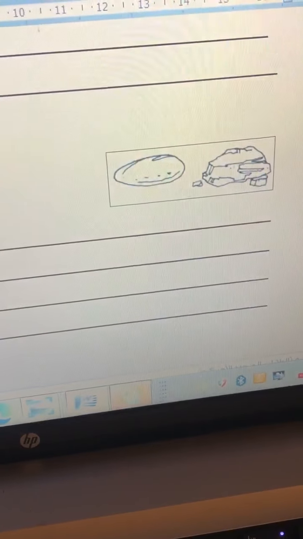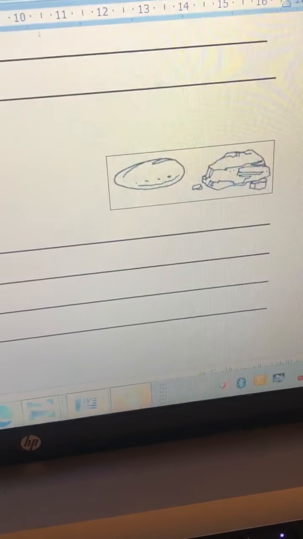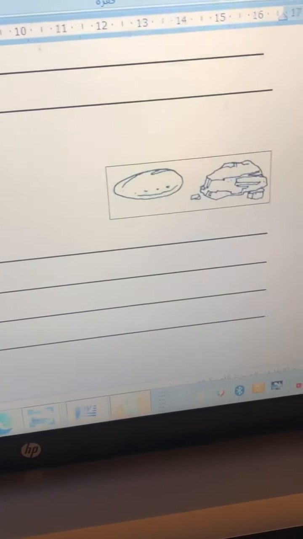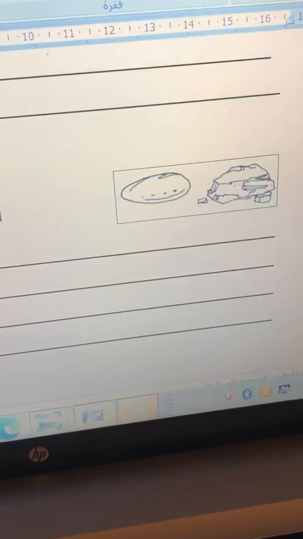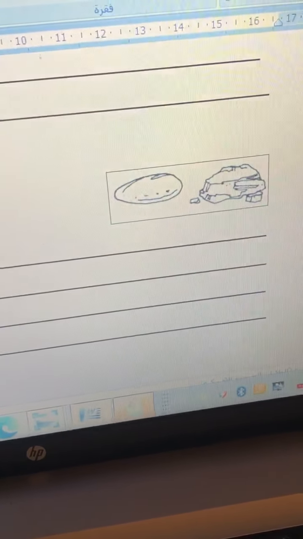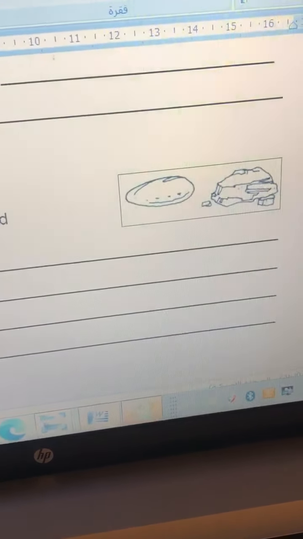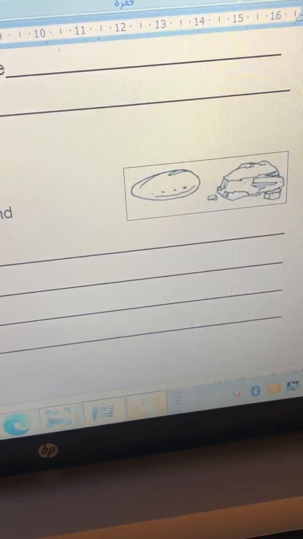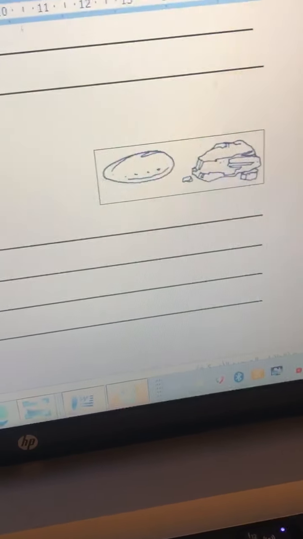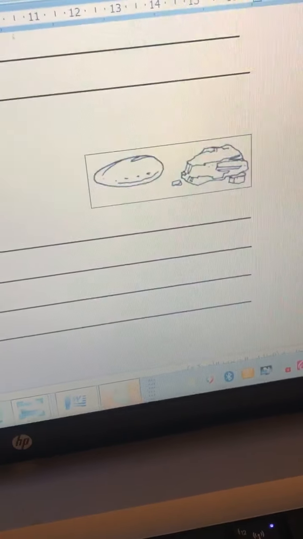What else? We can measure the mass or the weight of it using a balance scale or pan balance. So to measure the mass, we use a balance. Okay, and we can observe its features or the small details of it by using, of course, a hand lens.